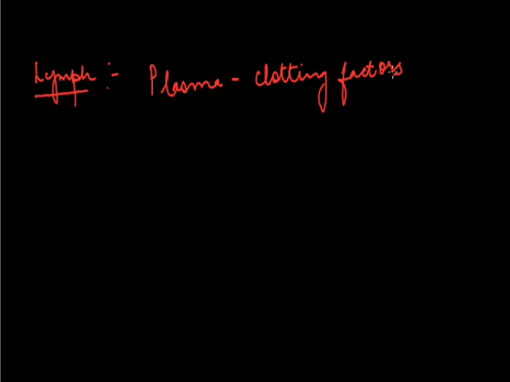Now after the blood, the next component of the vascular connective tissue I've told you is lymph. Lymph comprises plasma minus the clotting factors. Lymph is also called the middleman.